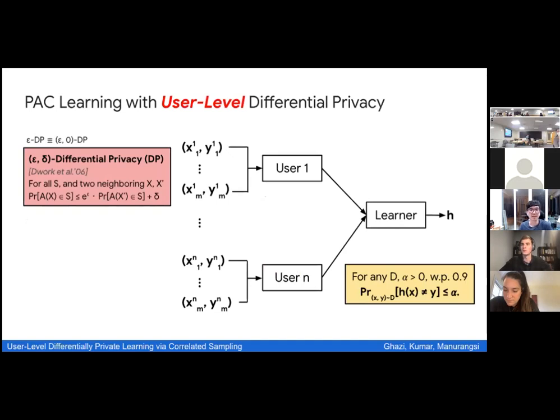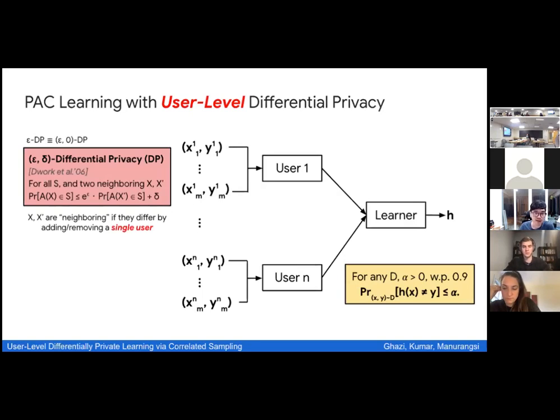So in this work we study a slightly different notion, which is user-level differential privacy, where now there are n users, and each user receives multiple examples, again drawn from the same distribution D. And now x and x prime are said to be neighboring if they differ by adding or removing a single user, which of course means that it can affect a lot of examples.